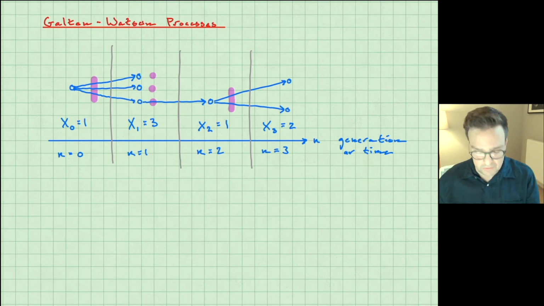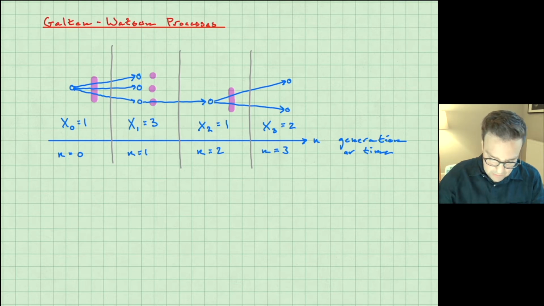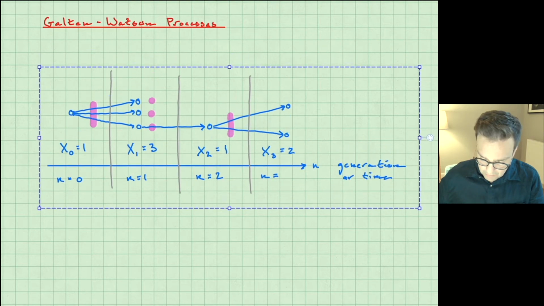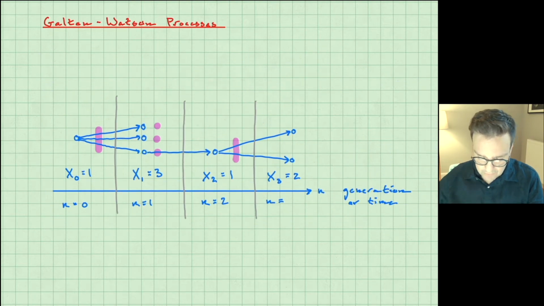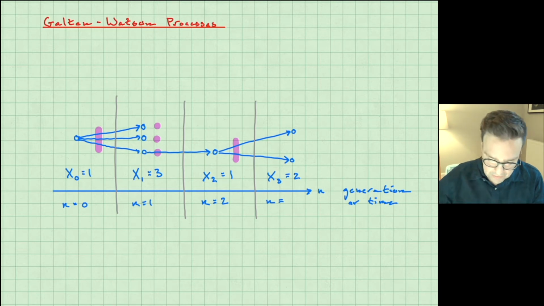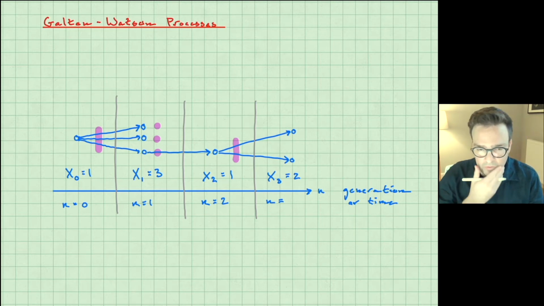This process continues. Now, I want to introduce another symbol that doesn't really appear at all in your notes, but it appears in the proofs. And it's used to calculate what the x is at these various different moments.